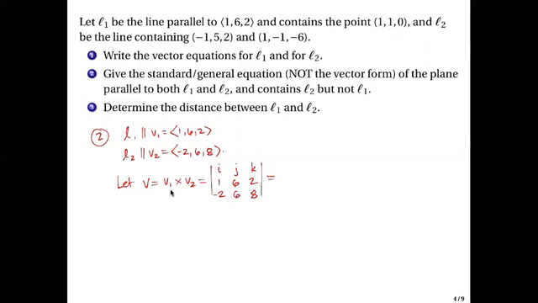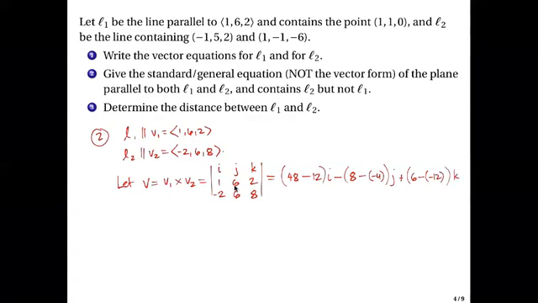So if we do this, we will have 6 times 8, that's 48, minus 6 times 2, which is 12. This is your i. Minus for j, 1 times 8, that's 8, minus negative 2 times 2, that's negative 4. This is j. Plus k, we have 1 times 6, that's 6, minus negative 2 times 6, that's negative 12. So this is our k.